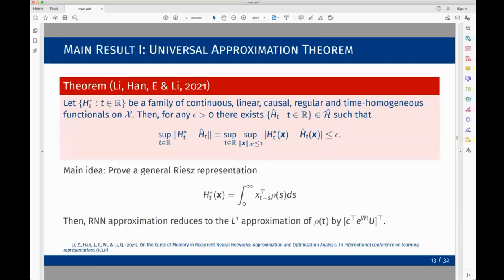Because this is the basic result in linear functional analysis relating the functional to a certain density, and then our recurrent neural network approximation problem is reduced to the L1 approximation of the rho t by the kernel C transpose times e to the power of Wt times u. So it's essentially like an exponential sum approximation problem. If you are interested, you can look at our paper for more details.